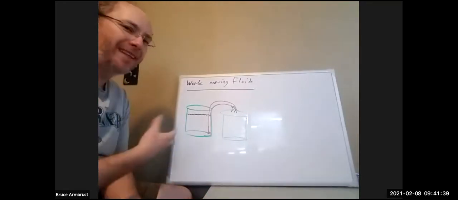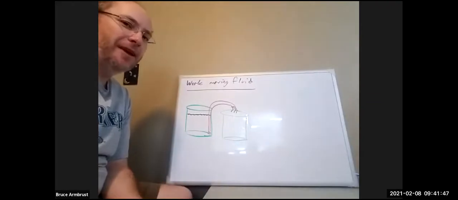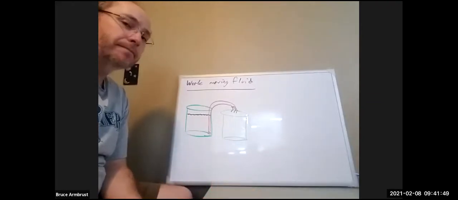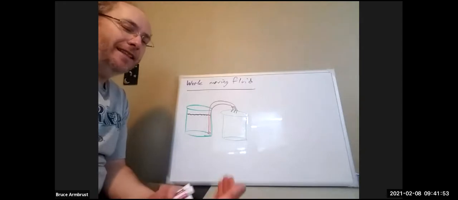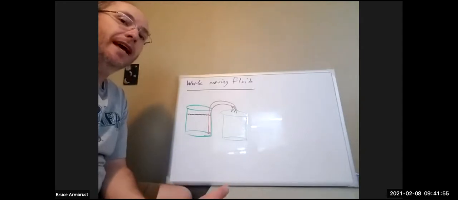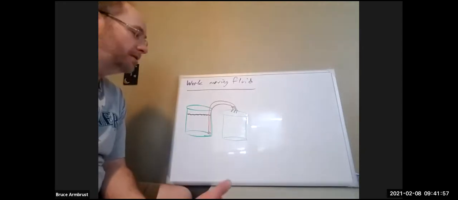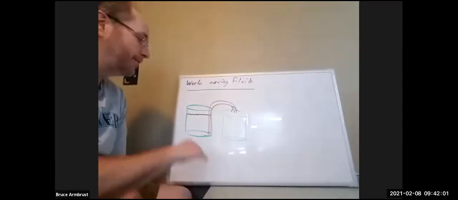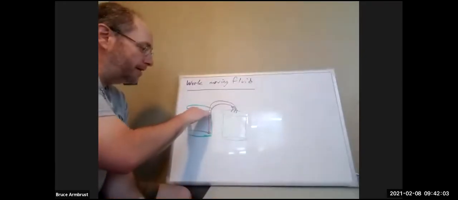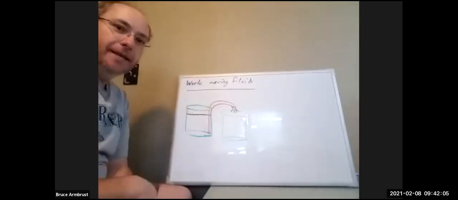But what's going to be changing, and remember to do calculus, we have to have something that's changing a bit. What we need to be changing in this case is the distance that it has to move. Right? Like think about this. To get this out of the tank, we have to get all of the water to the top of the tank, basically.